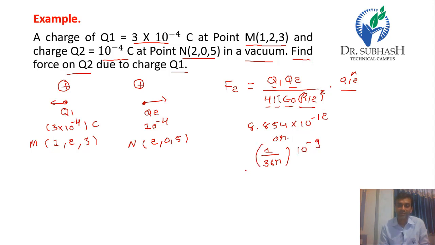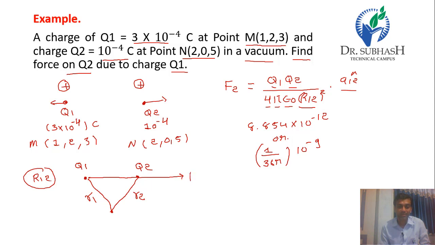So let's first find the value of r12. For that, let's draw a figure. Here this one is q1, this one is q2. With respect to the origin, the position vectors are represented by r1 and r2, and the force on q2 due to the charge q1 is in this direction, and the unit vector is a12.